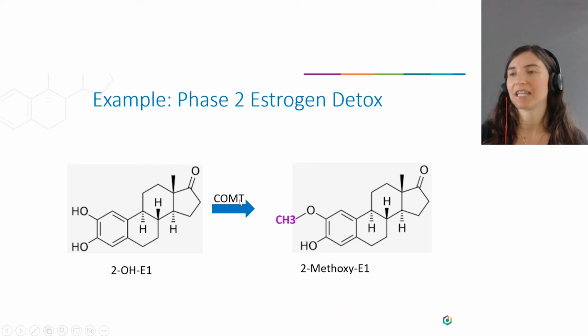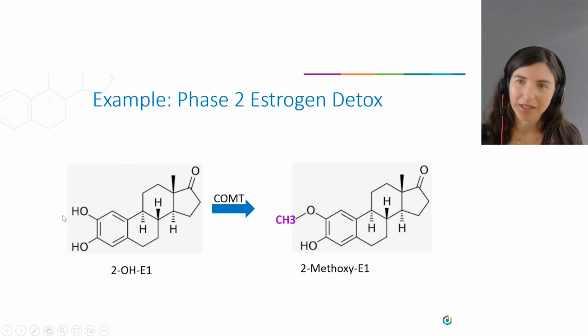And COMT, this is catechol O-methyltransferase. And remember the 2-OHE1, it's a catechol estrogen, just like the 4-OHE1. And some people ask, "Oh, what makes it a catechol?" And you can see it here. So this little group is what makes this a catechol.